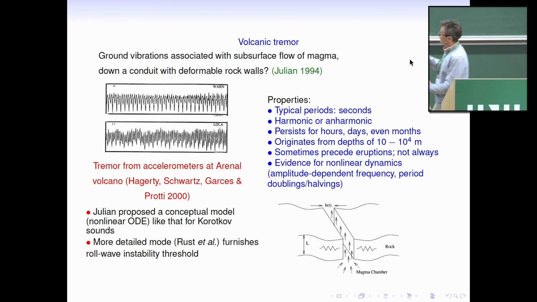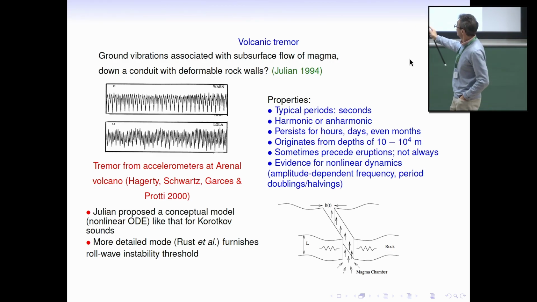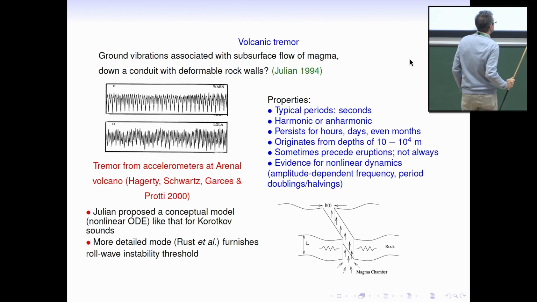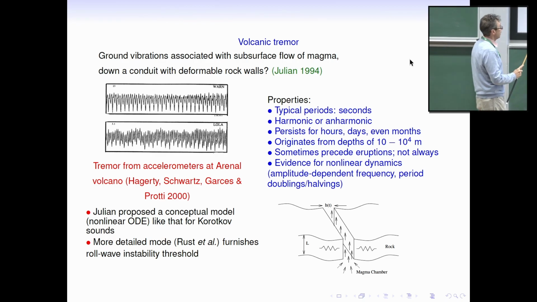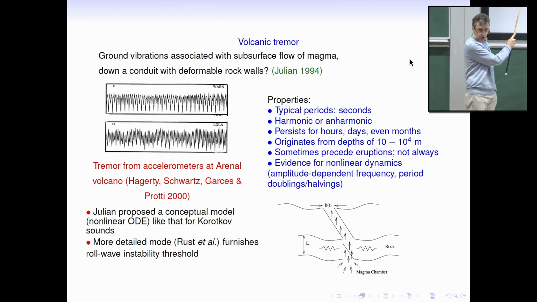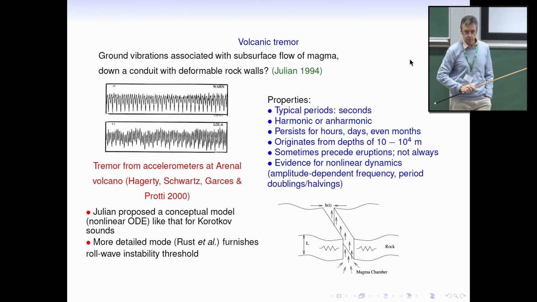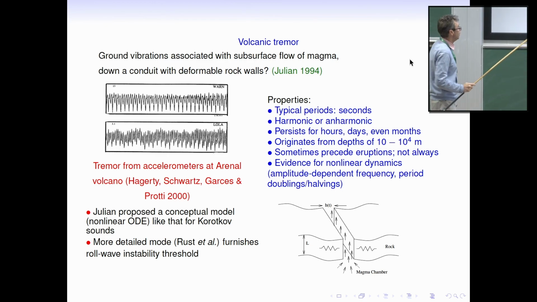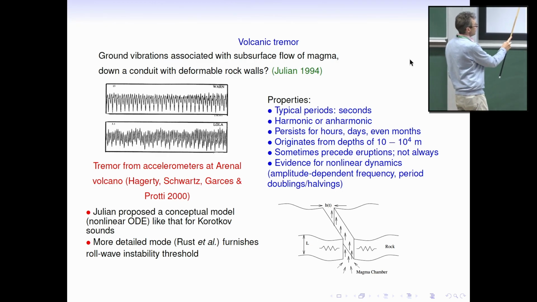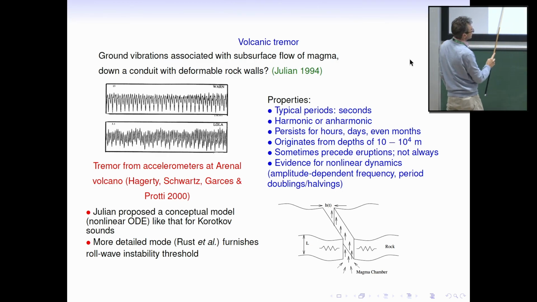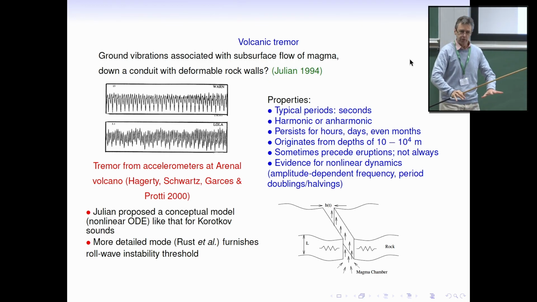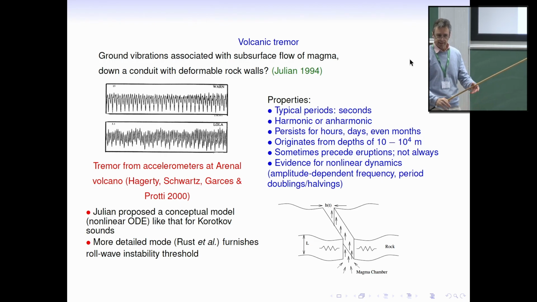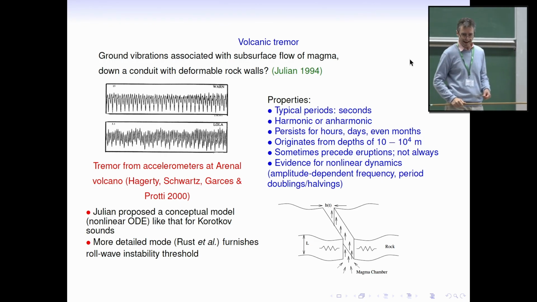And the direct analog of that is volcanic tremor. So a fellow called Bruce Julian in 1994, he pointed out that you could possibly explain tremor, volcanic tremor, in the same way. So these are some signals which have been recorded from a volcano in Costa Rica. Sometimes it's quite harmonic, sometimes it's a bit more chaotic, but it's ground vibration, and it's associated with the subsurface flow of magma.